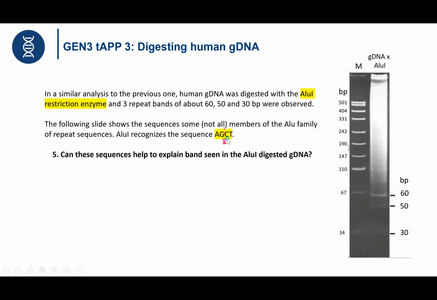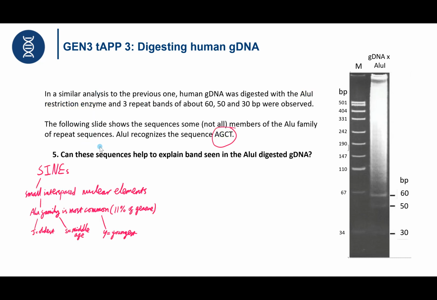And this AGCT sequence is really common in the Alu family, which is a family of repeated DNA sequences, a SINE.